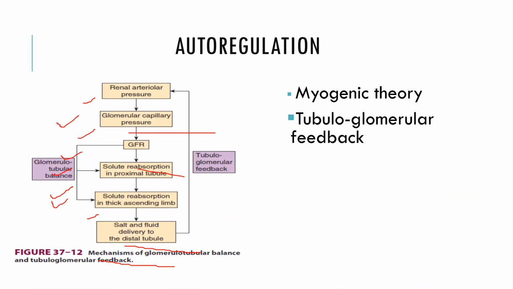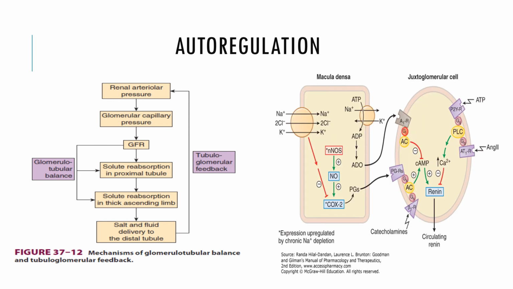Now come to the tubuloglomerular feedback, how it happens. This feedback is mostly due to the sensor action of the macula densa. The amount of fluid entering the distal tubule at the end of the thick ascending limb of the loop of Henle depends on the amount of sodium and chloride, Na+ and Cl- ions.